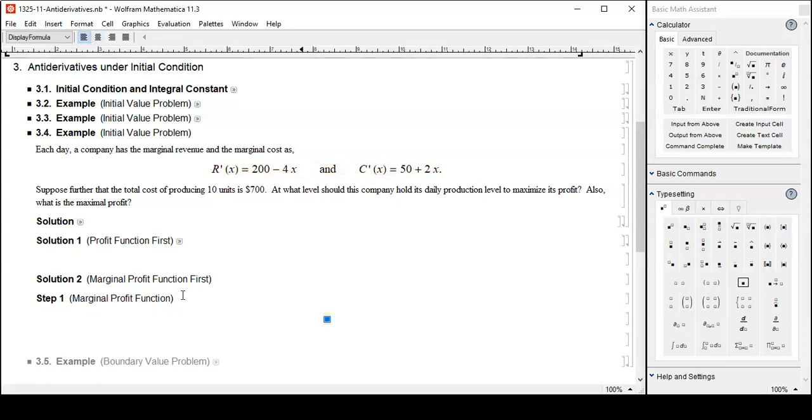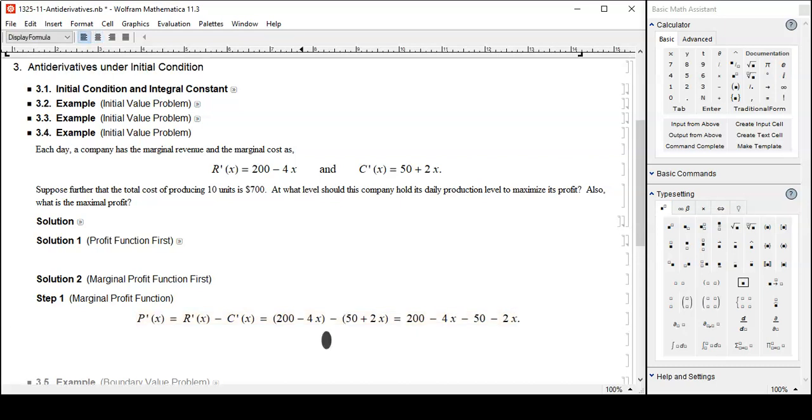So we have here, and that's 200 minus 4x minus 50 plus 2x, and that is 200 minus 4x minus 50 minus 2x.